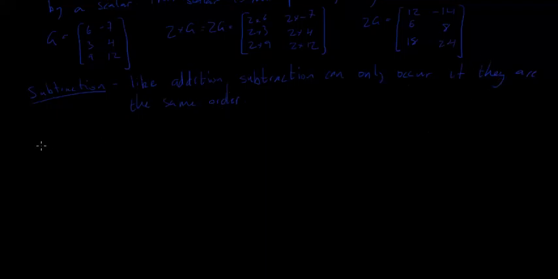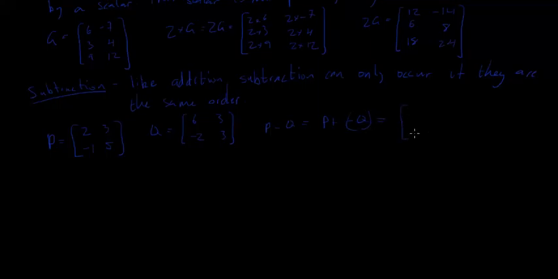So if we had, for example, a new matrix P, and that was 2, 3, negative 1, 5, and matrix Q, which let's call it 6, negative 2, 3, and 3, then P minus Q occurs much the same way that addition occurs. In fact, we can rewrite that for the sake of ease. Now we can say P plus negative Q.